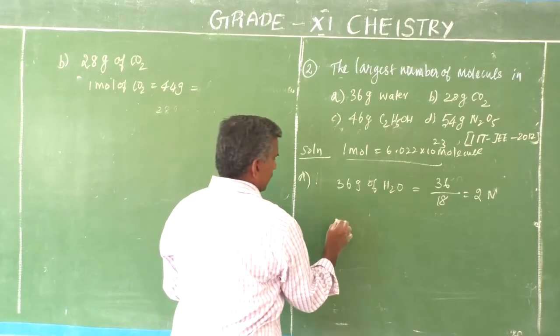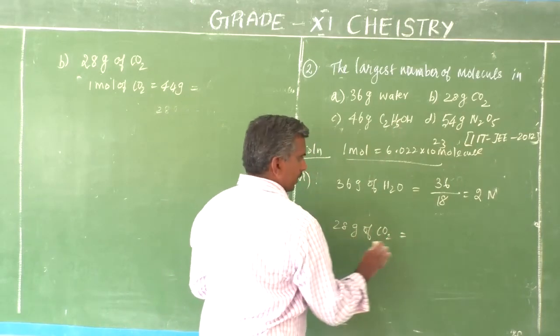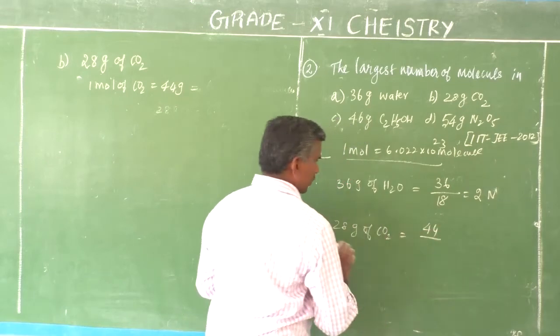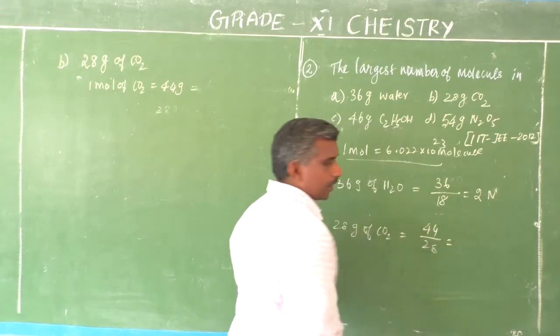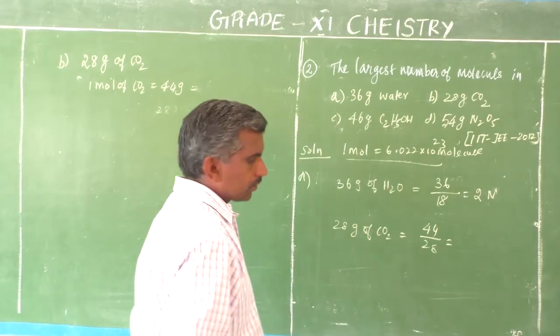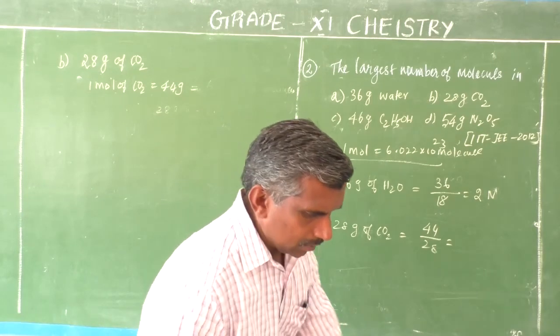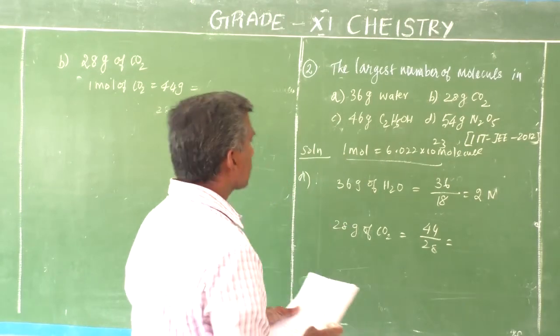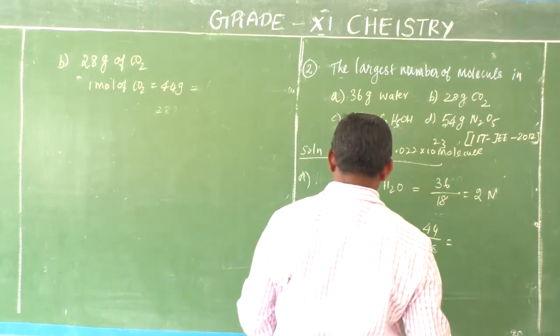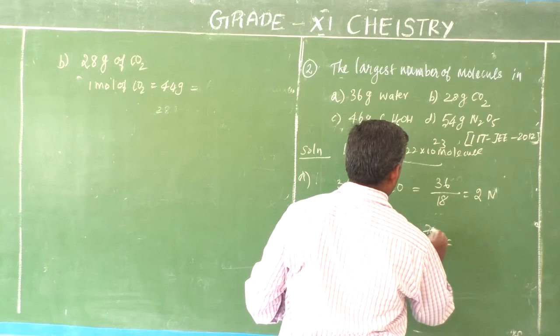Easy method. Next, 28 gram of carbon dioxide. Carbon dioxide molecular mass is 44, the given mass is 28, so 28 divided by 44.